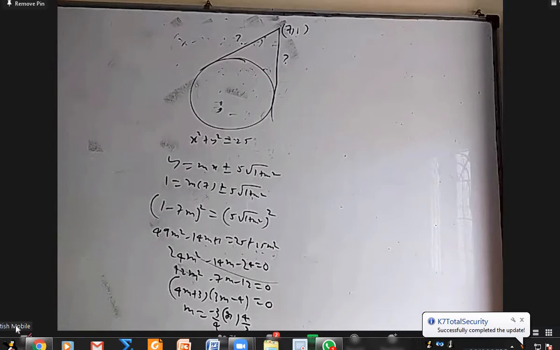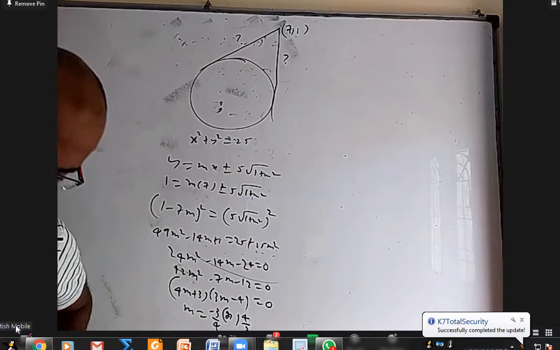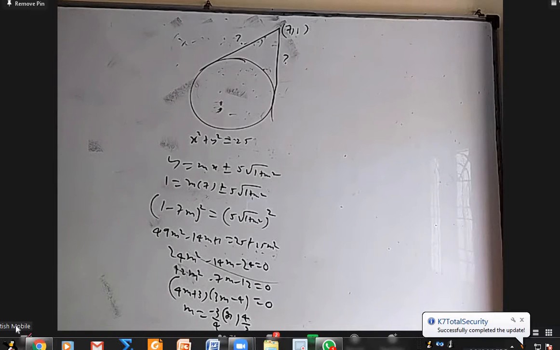From an external point (9, 5), two tangents are drawn to the circle x square plus y square equal to 4.